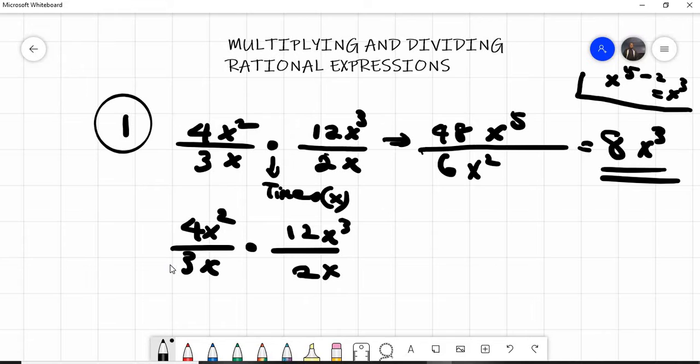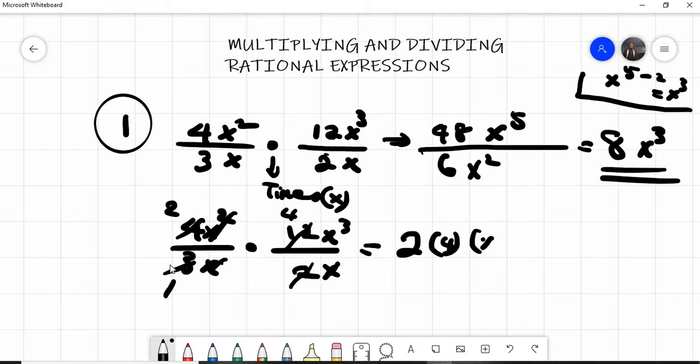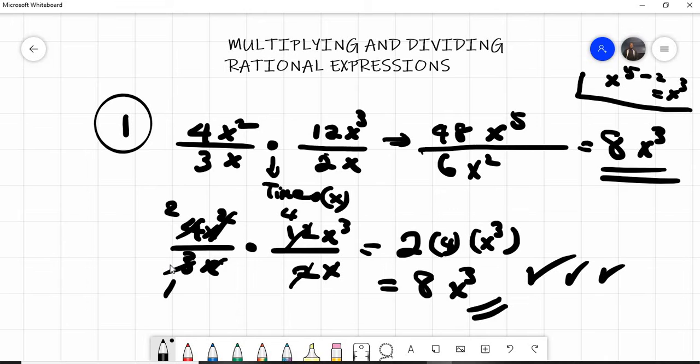These two we can divide by 2, so 4 becomes 2 and the 2 becomes 1. Then 3 and 12 we divide by 3: 3 becomes 1, and 12 becomes 4. Then the x on the bottom cancels with one of the x's on top. So this is 2 times 4 times x cubed, which equals 8x cubed, the same as before, which is correct.